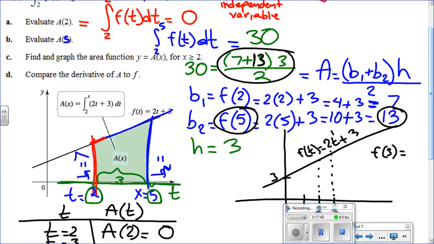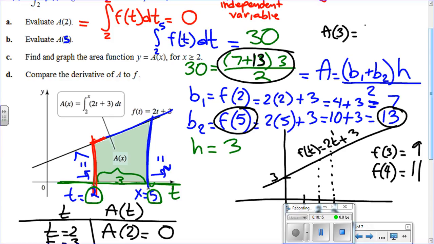So that will be 2 times 3, 6 plus 3, 9. And then let's just go ahead and find f of 4, which will be 2 times 4, 8 plus 3, 11. Okay, all right.